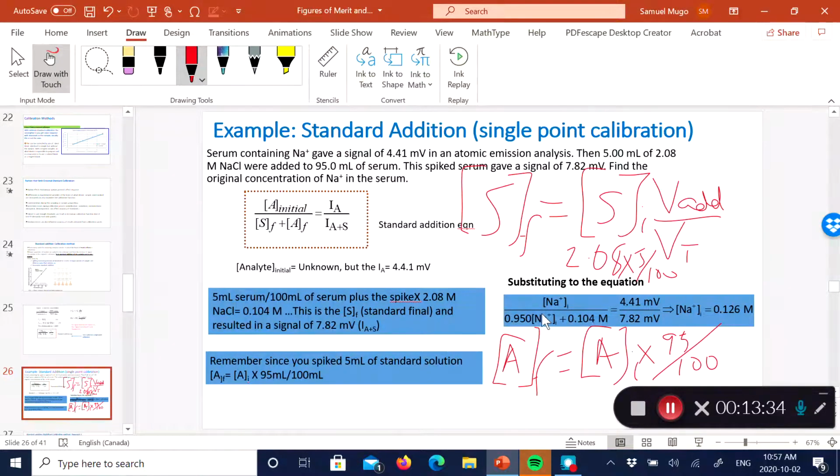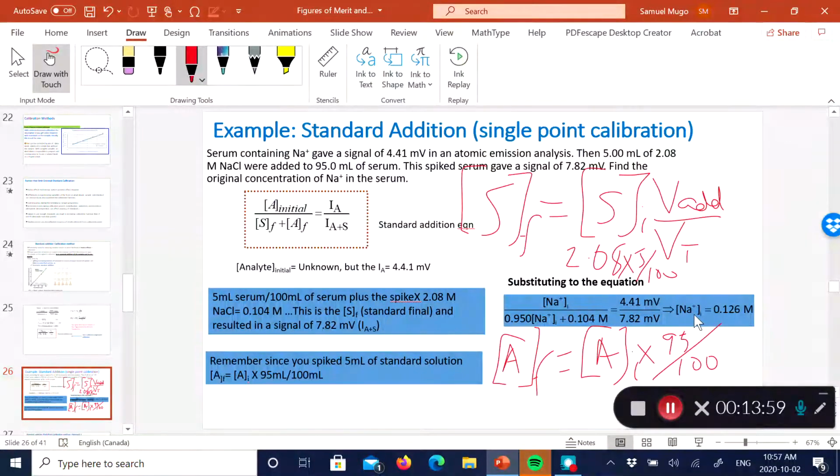And you can see, that's what I put in there. So looking at my equation then, I've got only one unknown, which is the analyte initial, the sodium ion initially present. And using simple algebraic computation, you can just calculate what this is. And I hope all of us know how to do that.